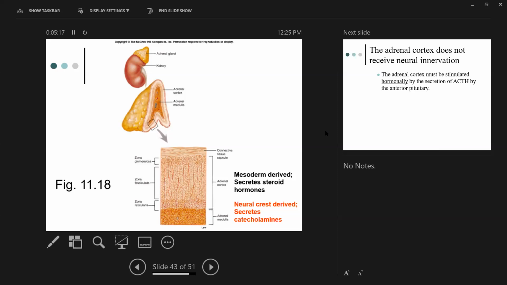Let's start with the outermost layer. That is the zona glomerulosa. ACTH is going to do most of its signaling here. It'll signal other layers, but that's kind of where it makes its presence first known, shall we say.